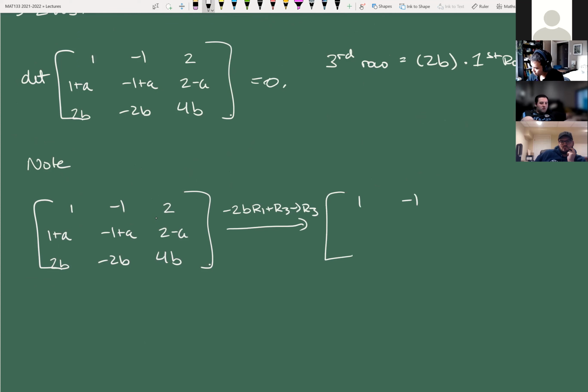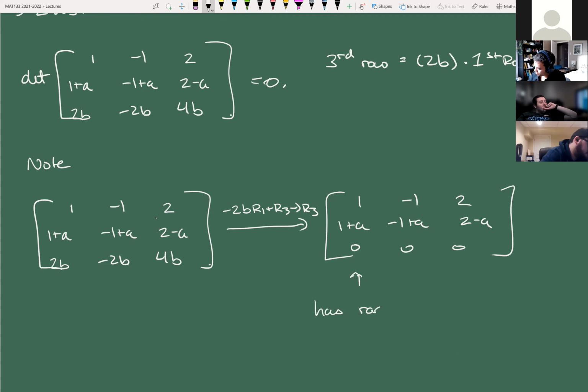If I did that, I would get 1 plus a, negative 1 plus a, 2 minus a, 0, 0, 0, right? And so that tells me that this matrix does not have full rank, so it has rank less than or equal to 2, right?